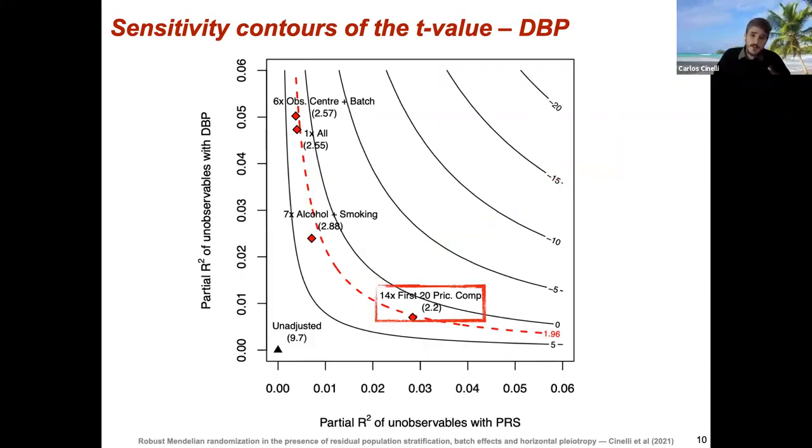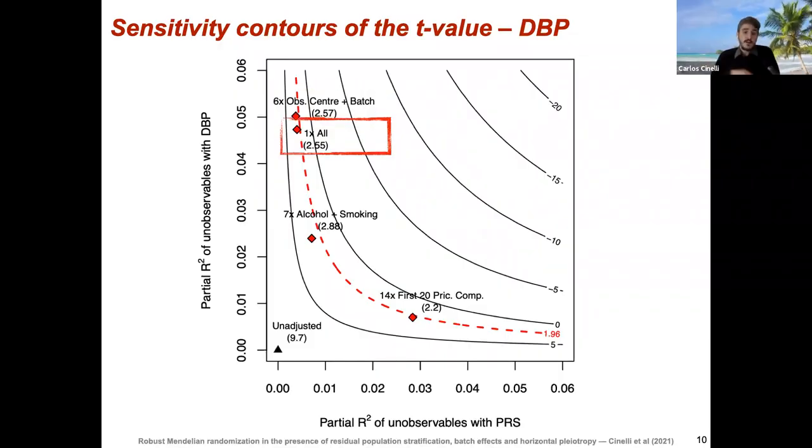Now, the red diamonds here indicate the maximum strength that unobserved variables would have if they were 14 times as strong as observed principal components, 7 times as strong as putative pleiotropic pathways, such as alcohol and smoking status, and 6 times as strong as observed batch effects, such as batch indicators or center indicators, so those technical covariates that are usually put in an MR analysis.